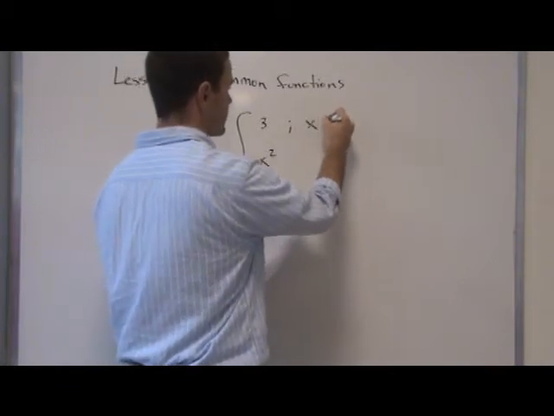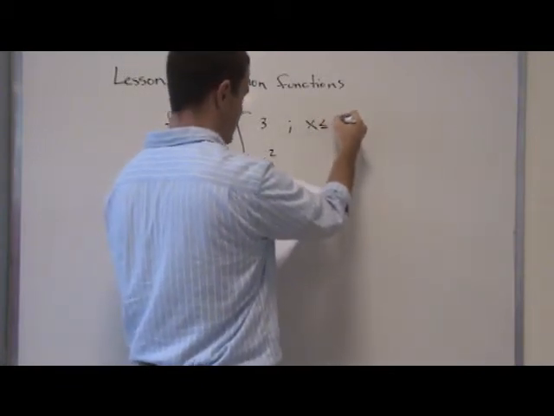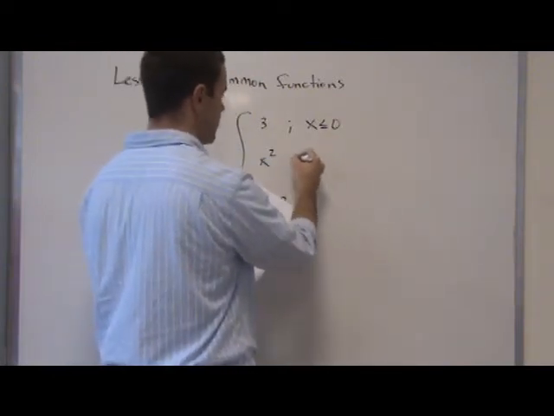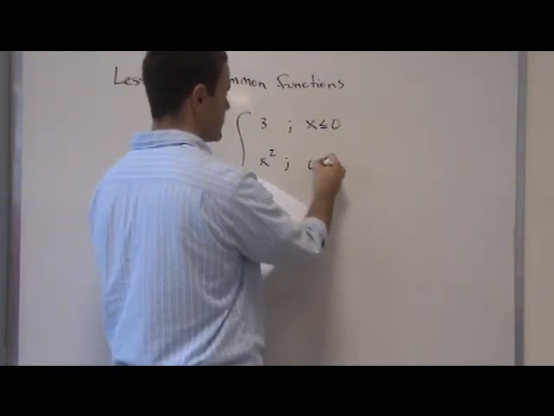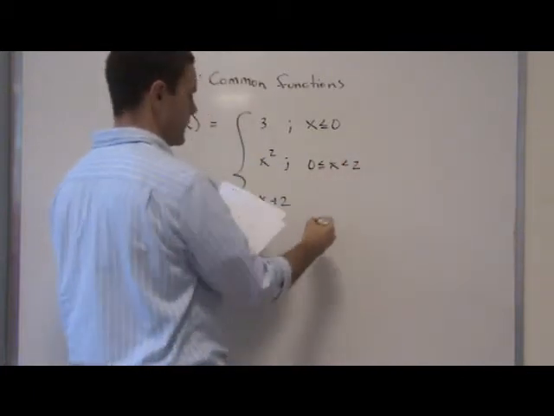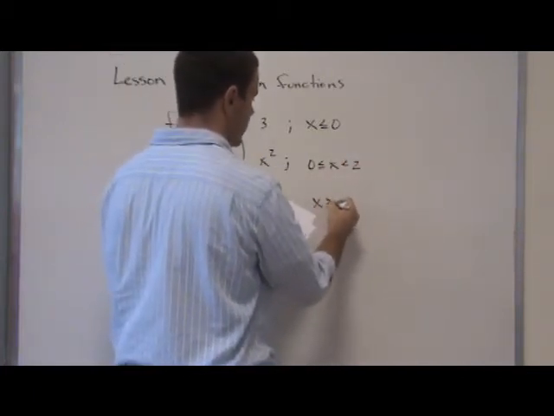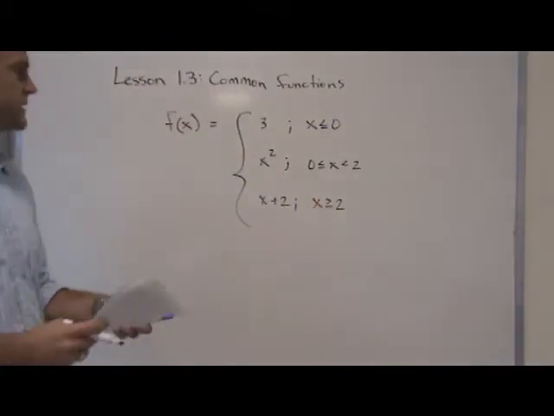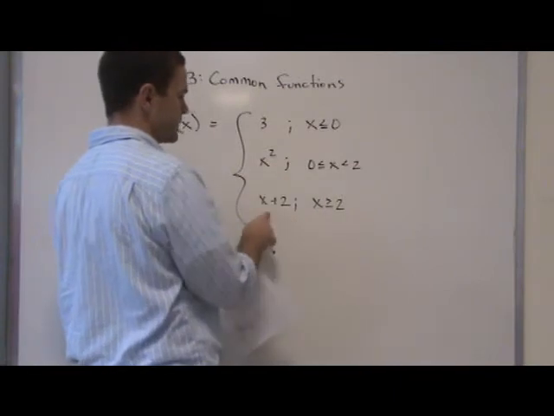It's going to be this when x is less than or equal to 0. It's going to be this when x is between 0 and 2. And it's going to be this when x is greater than or equal to 2. Okay, it's called piecewise. You see there's little pieces to this function.